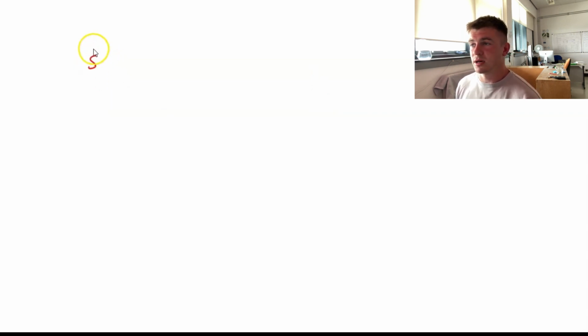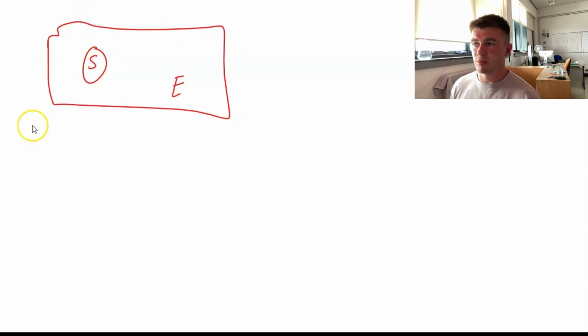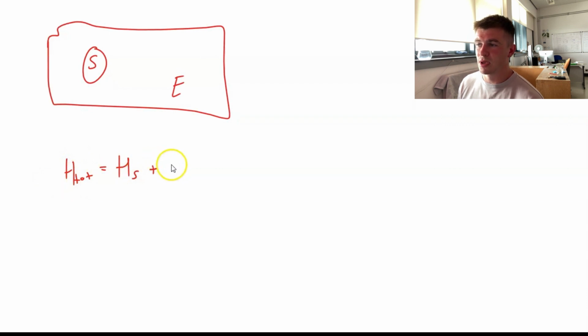So we've just said that our system is in contact with its environment, and let's think about the Hamiltonian that describes this entire system. So the total system is going to be made up of the system part, the environment part, and their interaction.